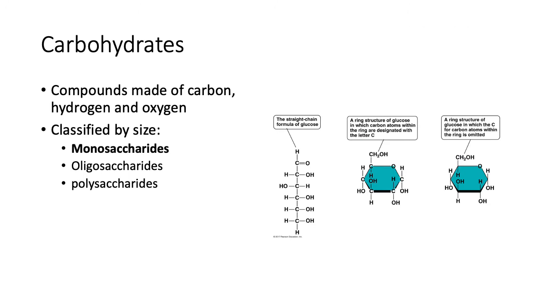So carbohydrates in general are compounds that consist of the elements carbon, hydrogen, and oxygen. And remember that is C, H, and O. And so if you look, for instance, at the chemical formula of a carbohydrate here, we can see that there's only carbon, hydrogen, and oxygen that makes up this molecule. Carbohydrates in general can be thought of as energy storage molecules.